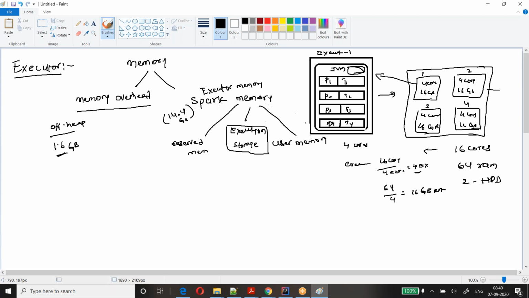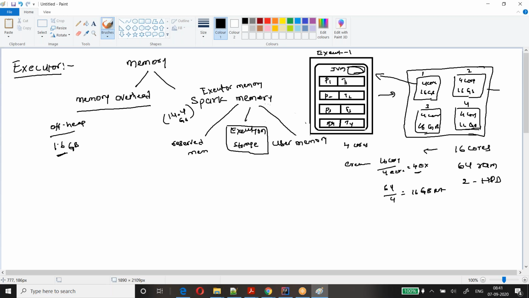This executor memory itself has three parts: reserved memory, user memory, and your actual storage and execution memory. User memory is used to maintain user data information. Reserved memory is used for libraries or any specific library-related information.